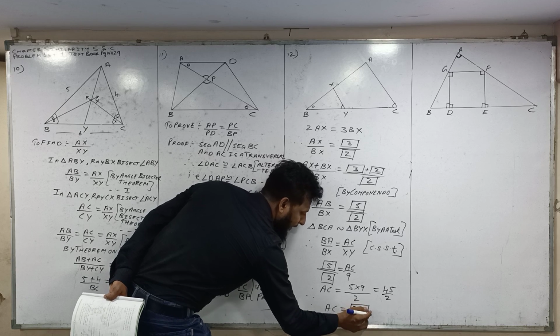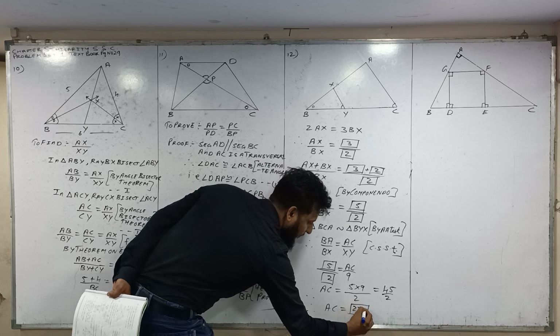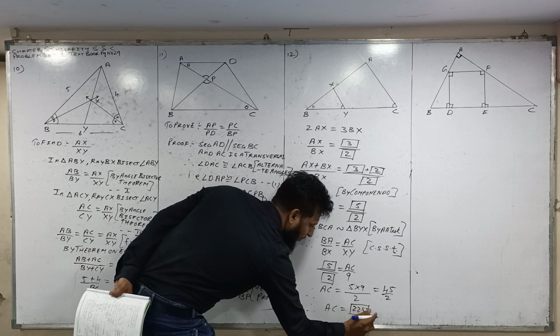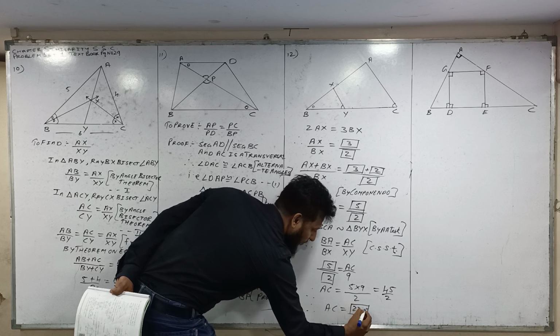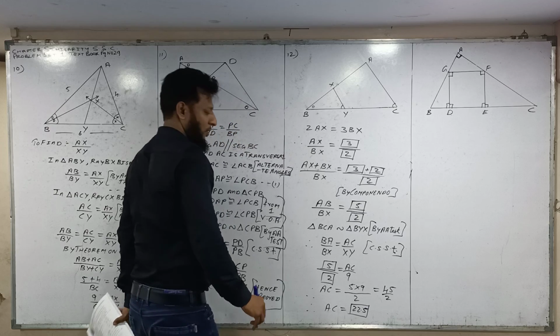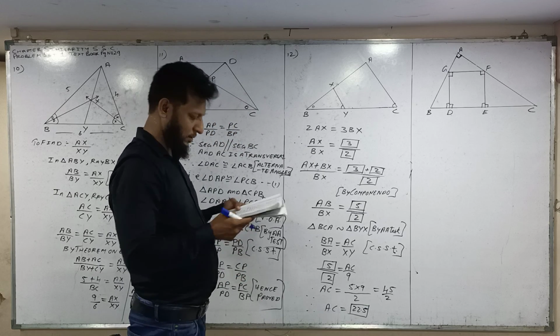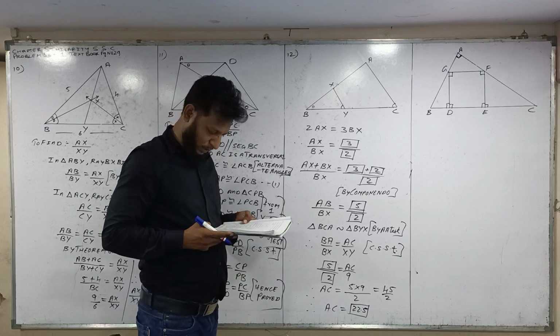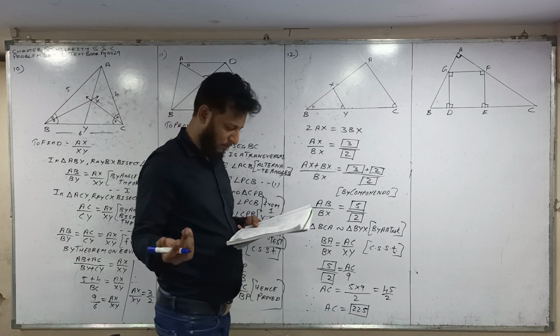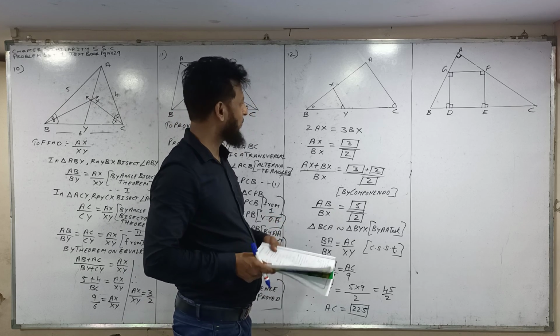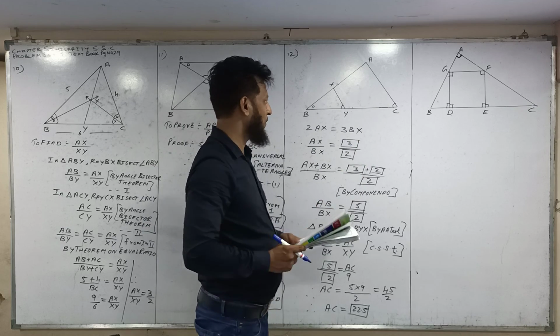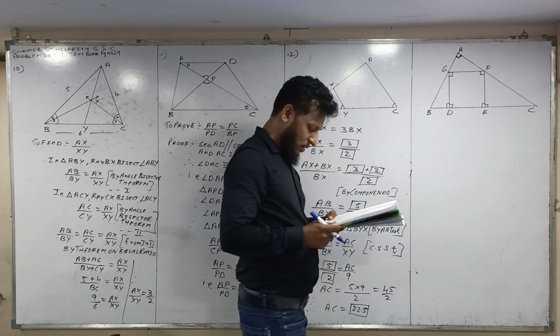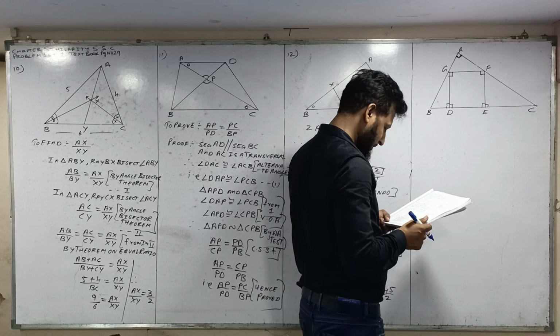The value of AC is 22.5. We have to find the value of AC. AC is 22.5. Now come to the 13th sum, an important sum.